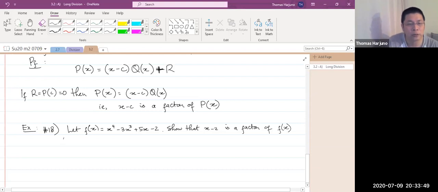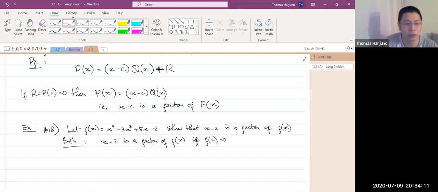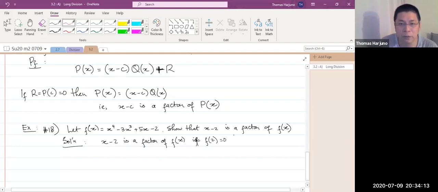Okay, solution. The idea is x minus 2 is a factor of f(x) if f(2) equals 0. Just to bring you up to some definition that we did before, this basically means 2 is a 0 of f(x), but I will say that more explicitly later on.